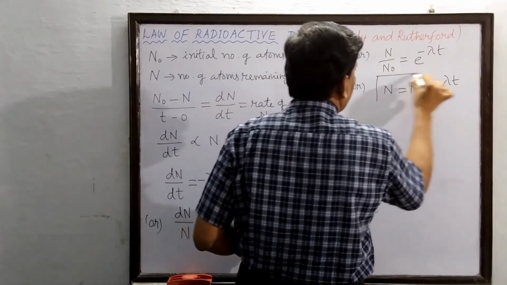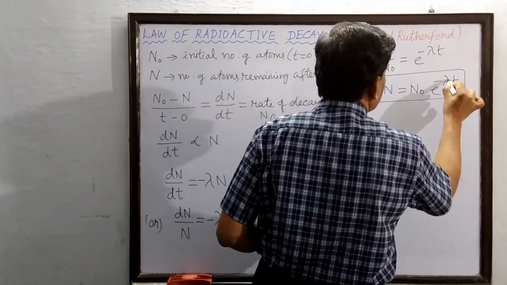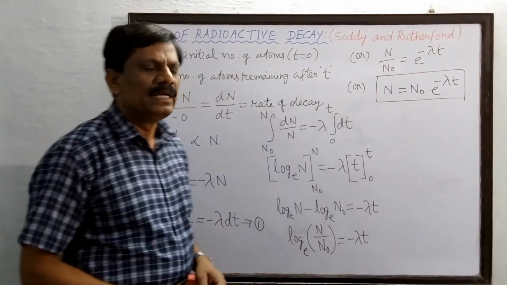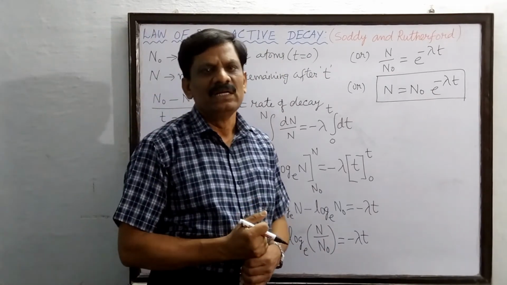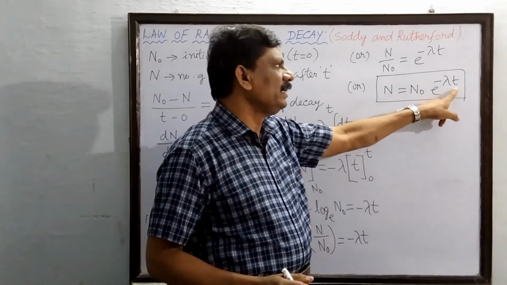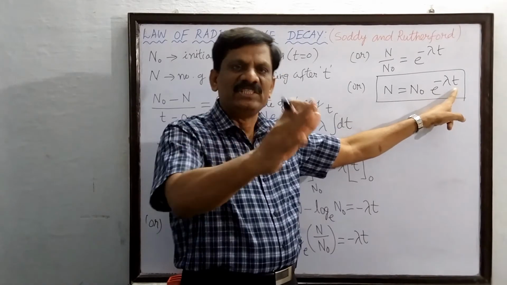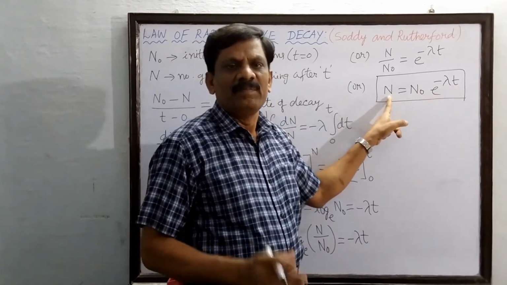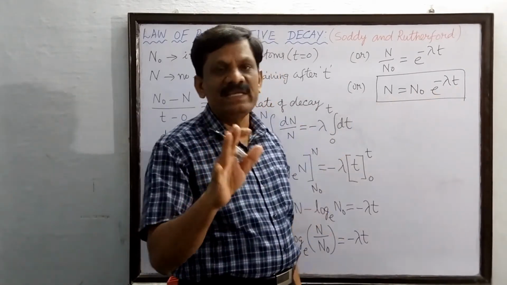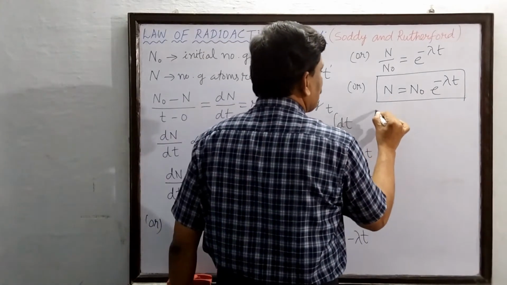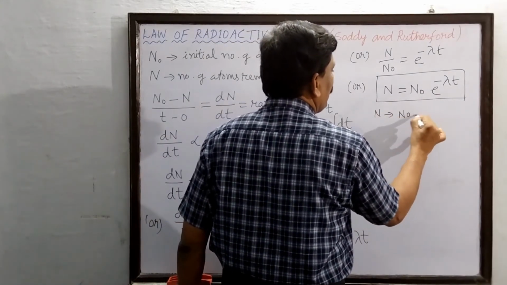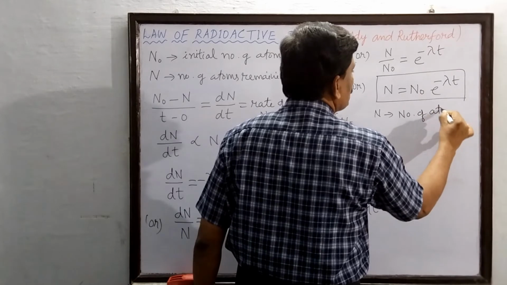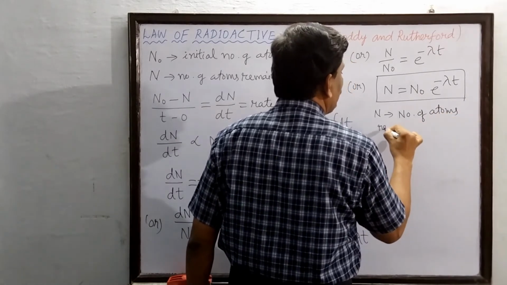So this is the final equation: n is equal to n0 into e power minus lambda t. Suppose t is the time after which n is the number of the parent nuclei remaining undecayed. So n represents the number of atoms remaining undecayed.